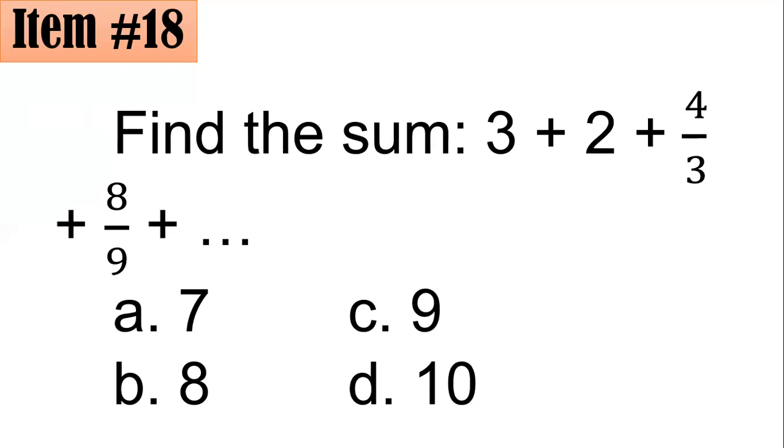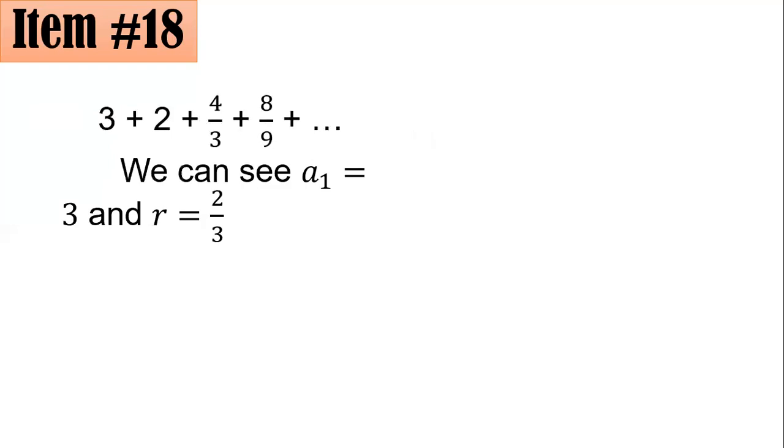And since the common ratio has an absolute value less than 1, we could utilize the formula for the sum of the infinite number of terms of a geometric sequence with a common ratio whose absolute value is less than 1. We can see that A sub 1 is 3 and R is 2/3.